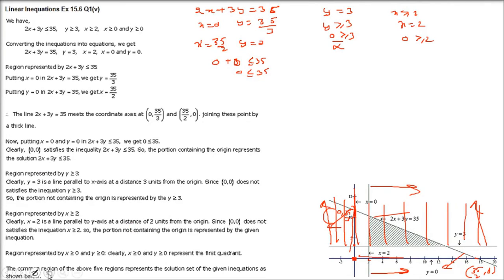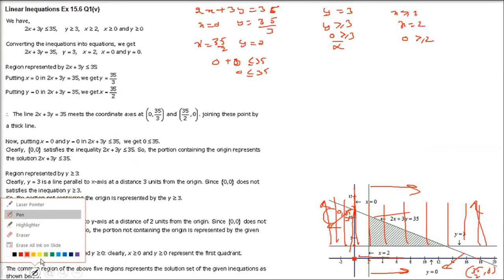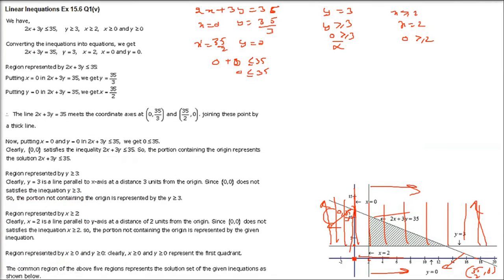Now let me take one more color so that I can show you that wherever you see all these three colors, that is the solution. For this, shade this portion, shade this portion, shade this portion. And it is only above because you cannot go below the x-axis. Now these are the two regions I marked.